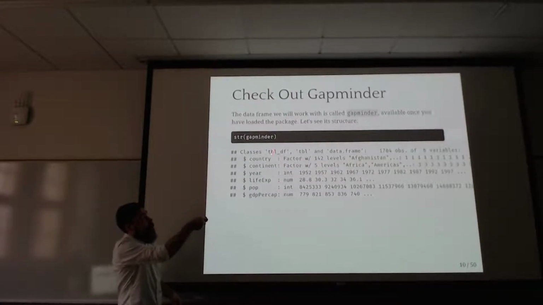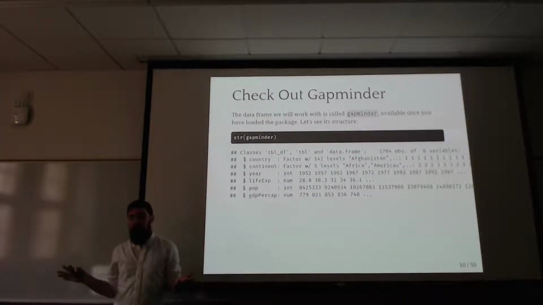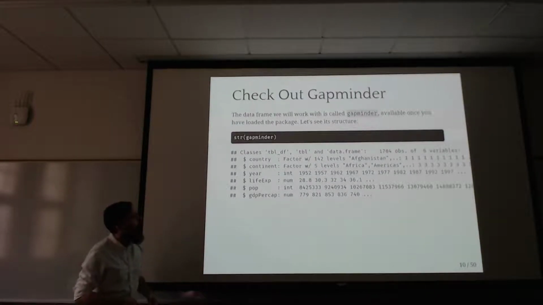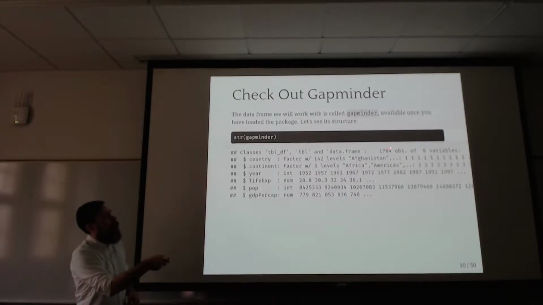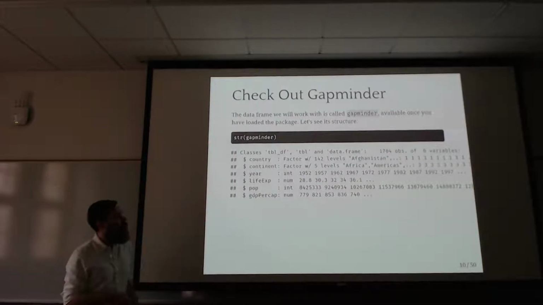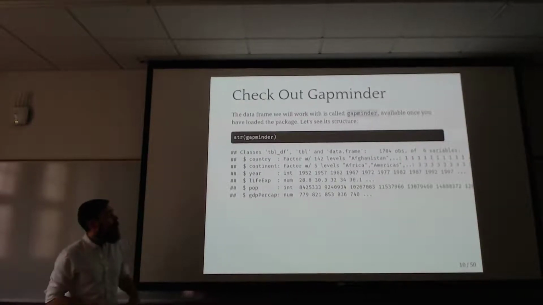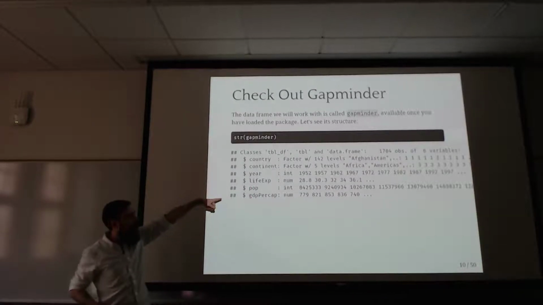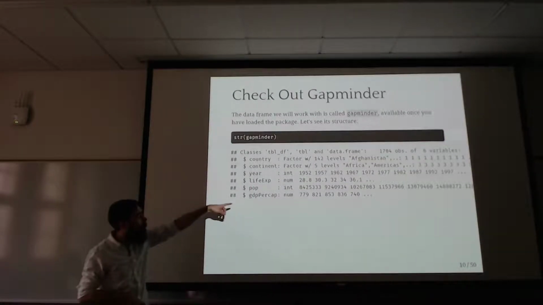It's also a tibble and a tibble data frame. Those are special objects generated by dplyr, a package we're going to start talking about today, and related packages. It has 1,704 observations, so it's moderate size. It's not a tiny data set. It has 6 variables. The variables are country, continent, year, life expectancy, population, and gross domestic product per capita.